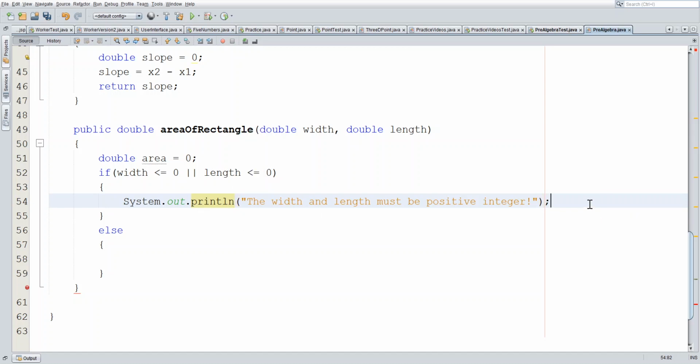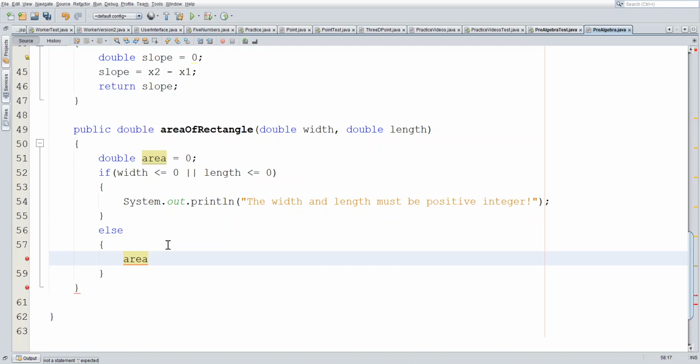And what I think we should do is, we'll be fine. The area will be set to 0, so alright. We won't handle the full error, but we'll handle it to some degree, right? So now here is where we're going to do our formula. If width and length, both of them, are greater than or equal to 0, right? If everything's in the clear, we should just do width times length.